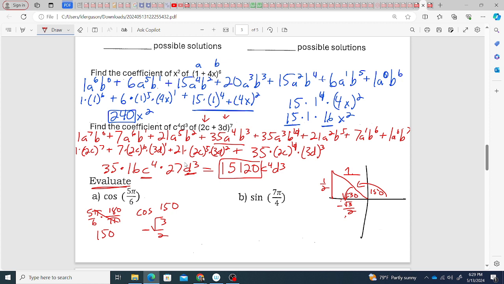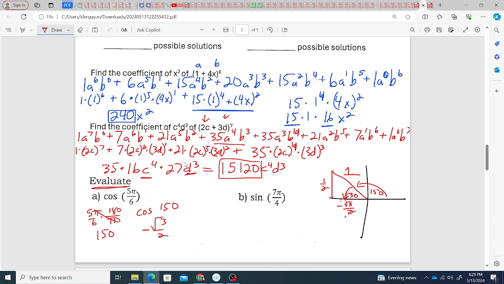So let's see if I put this in my calculator like that. If I said trigonometry, cosine, and then I go up to degrees on my calculator and change it to radians. Okay, it's on radians on my calculator, and I'm going to put parenthesis 5. Let's see, where's the pi?